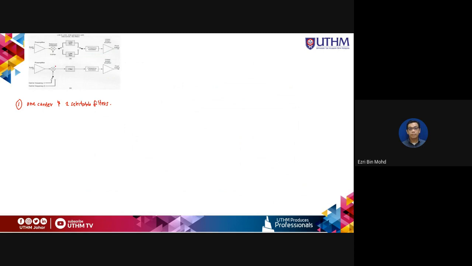So let's say, for example, here, audio preamplifier. The audio here, its frequency is 3 kilohertz, for example. And then it goes to a balanced modulator, BM. And the carrier here, let's say FC is 100 kilohertz.